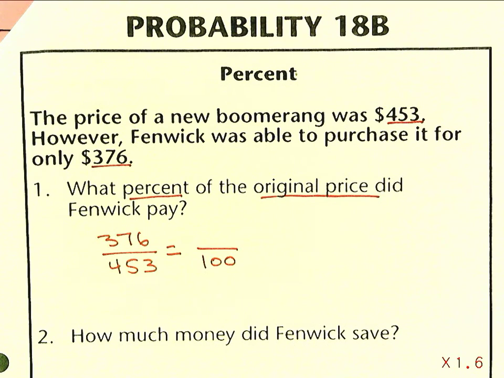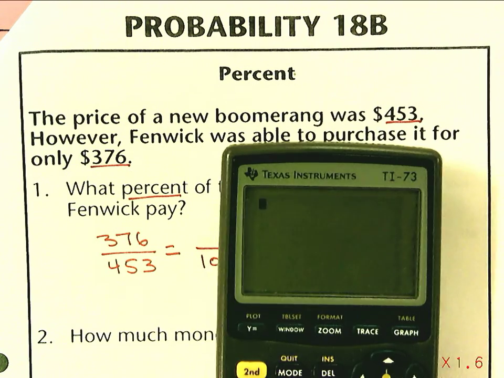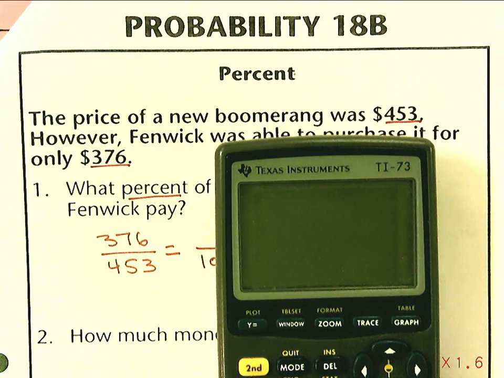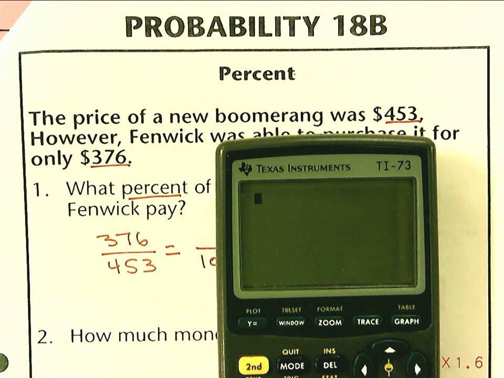We're going to do that in this case just by using a calculator and doing what we do with percent problems, dividing 376 divided by 453, and it's going to give us a decimal answer.